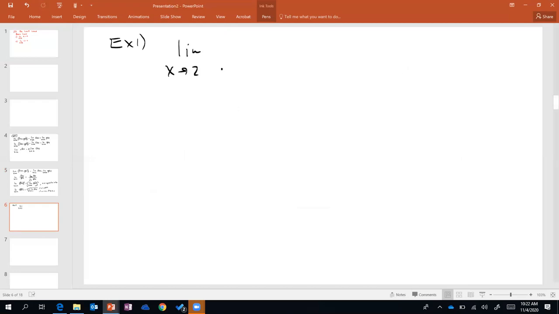Limit as x goes to 2 of... Are we breaking this up into separate parts, like for the other one? Yeah, so here it is.